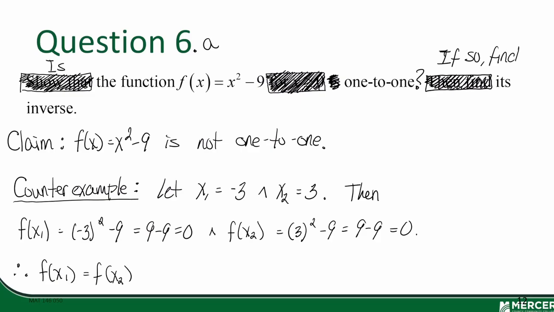So what we've done is we've said, oh look, f of x1 and f of x2 are the same, but x1 does not equal x2. Which means it's not 1-to-1. And so I'm done, I don't have to do anything else. It means no inverse exists, so we don't have to worry about it.